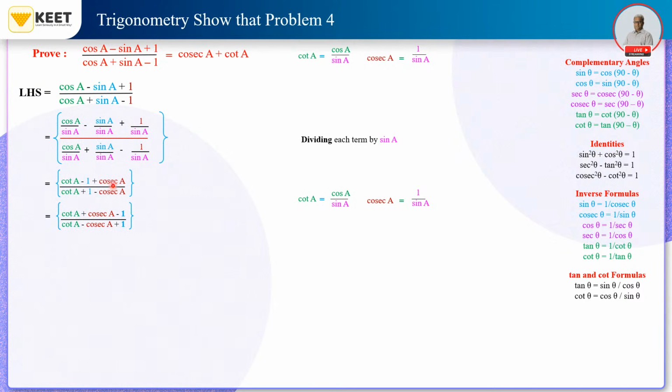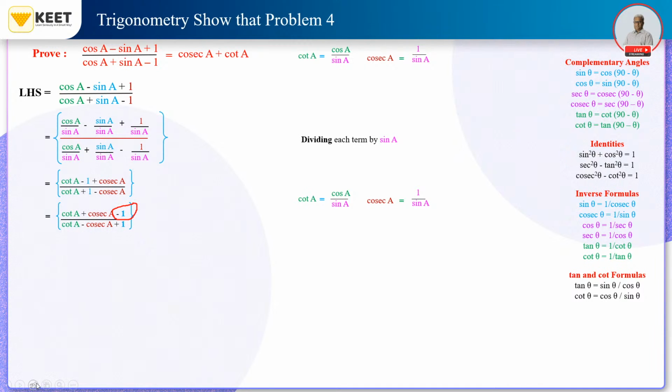What we have done is cosec A is brought near cot A, and this minus 1 is shifted to the last term. Same way we are operating in the denominator: cot A and minus cosec A are brought together and plus 1 is written aside. Now here what we are going to do, this minus 1, I'll mark it here with the pen. So here you have to focus on this minus 1.